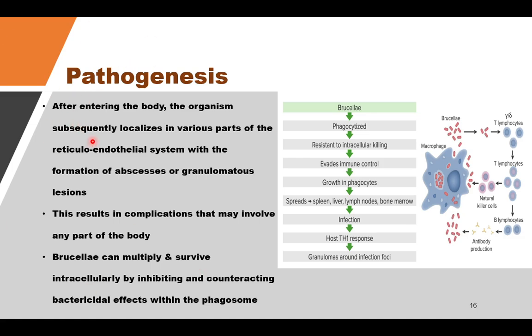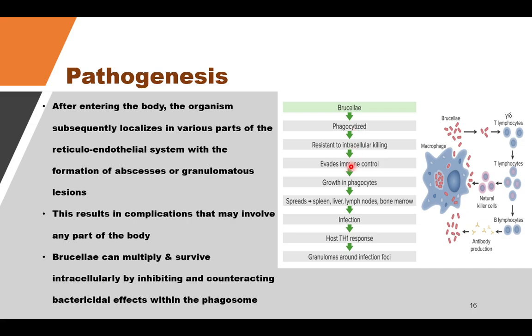So after the organism is ingested, it localizes in various parts of the reticuloendothelial system. That's why it's a systemic bacterial infection, okay? And within this reticuloendothelial system, depending on what is happening, you can have formation of abscesses or granulomatous lesions. The organism is usually phagocytosed by neutrophils, by macrophages, okay?